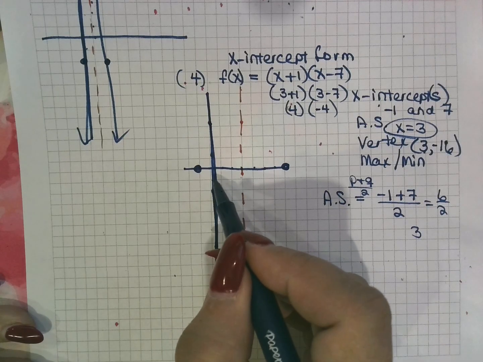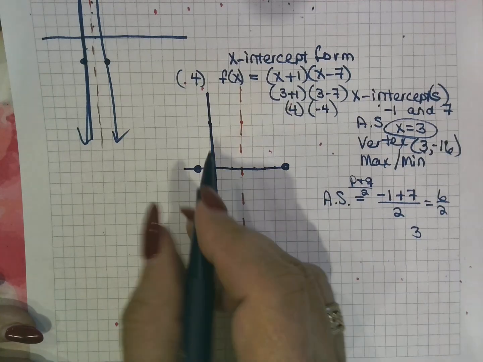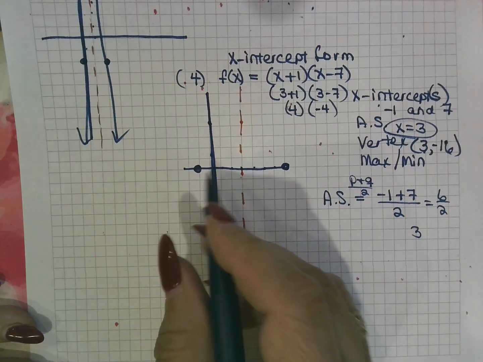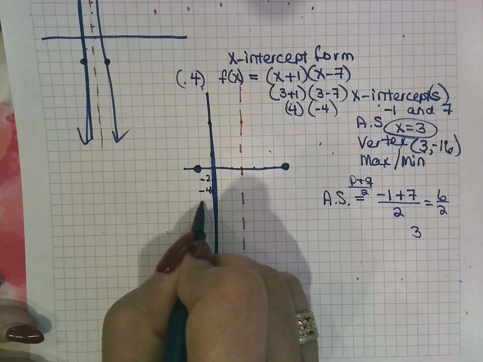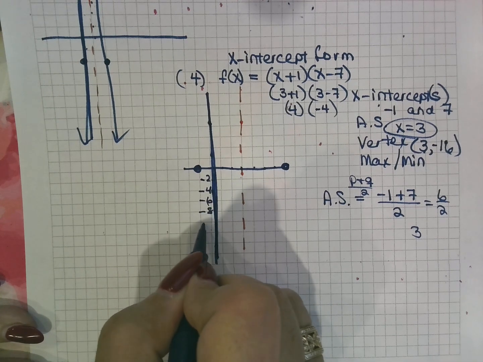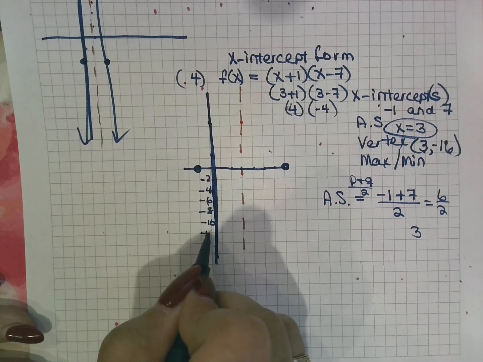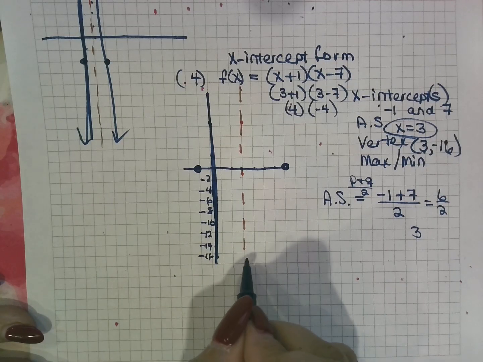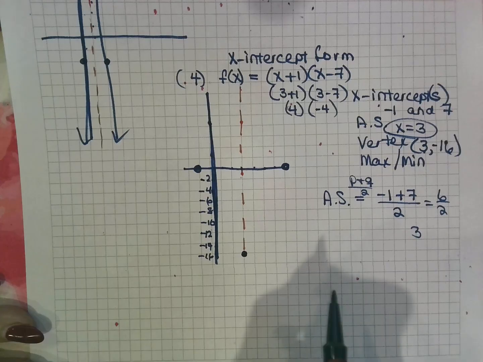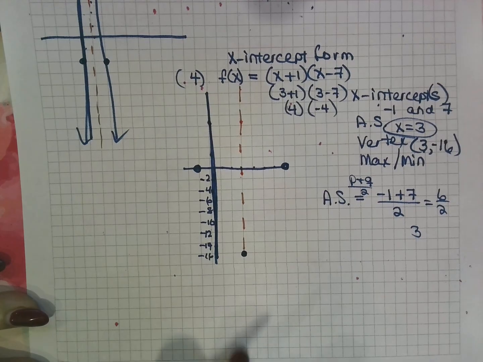All right. So what I'm going to do, because I don't really want to take this forever, I'm going to count these by 2: -2, -4, -6, -8, -10, -12, -14, and -16. All right, make that a little bit easier for ourselves. If not, it's going to be way down there.